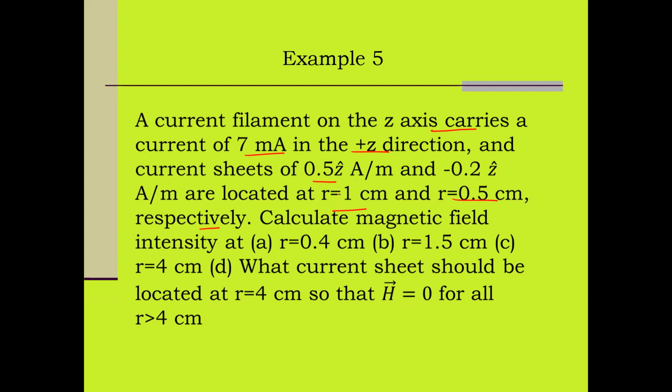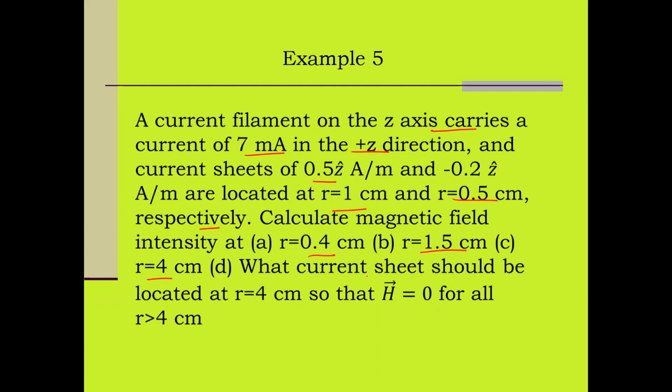Based on this given configuration of current, we need to calculate the magnetic field intensity at these three radii, which are 0.4 centimeter, 1.5 centimeter, and 4 centimeter.